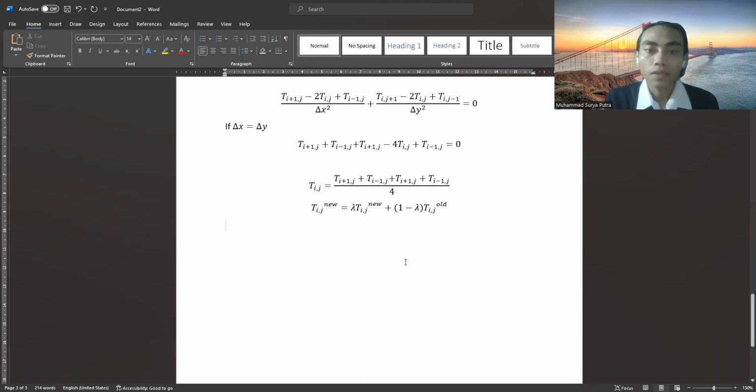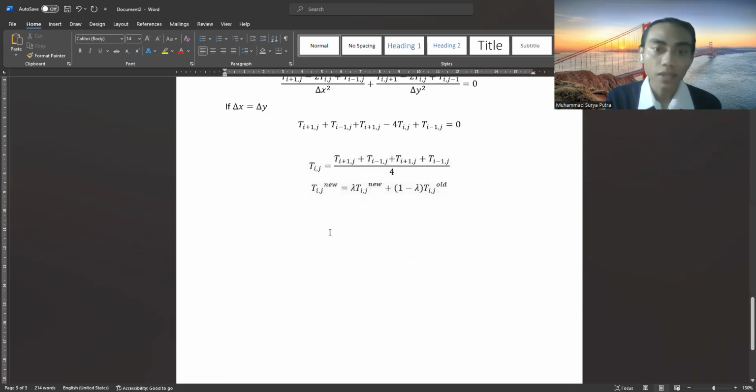And then we got this numerical analysis. This is the numerical analysis to solve the distribution of the heat on the metal plate, a two-dimensional metal plate. Before we dive into these equations, we first need to make a matrix.